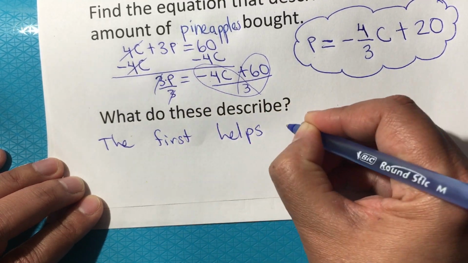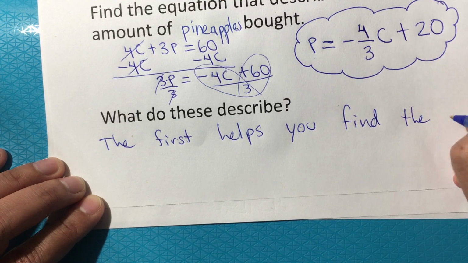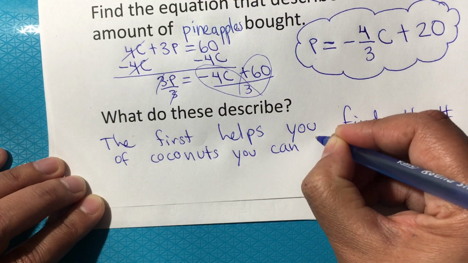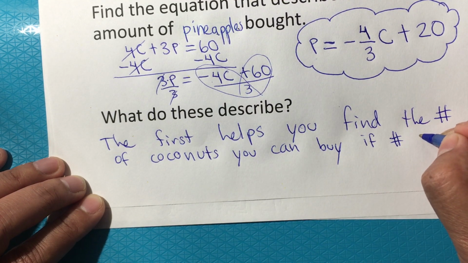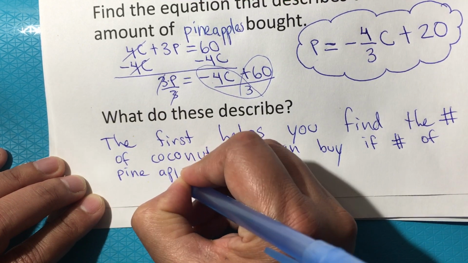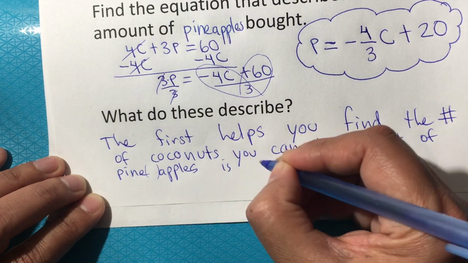The first helps you find the number of coconuts you can buy if the number of pineapples is known.